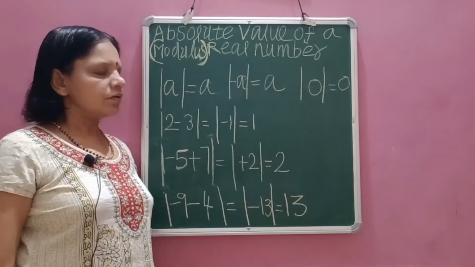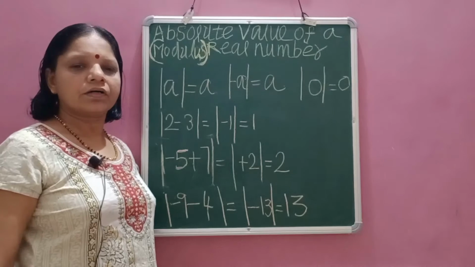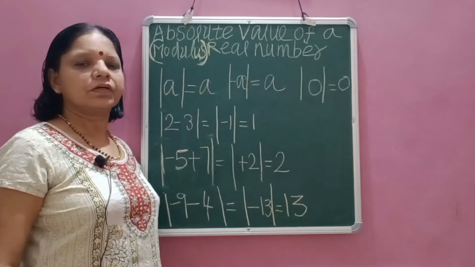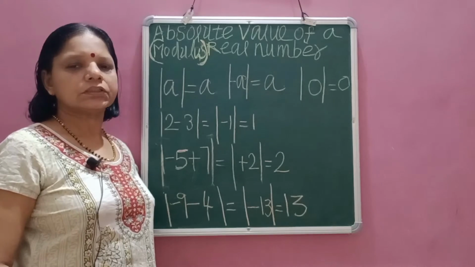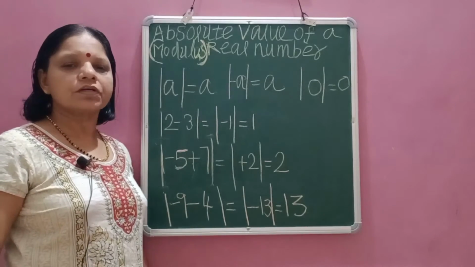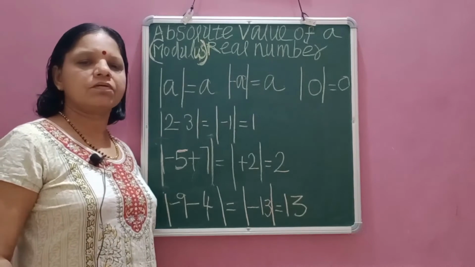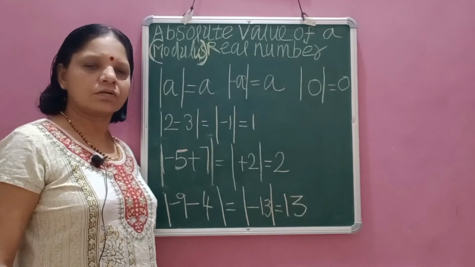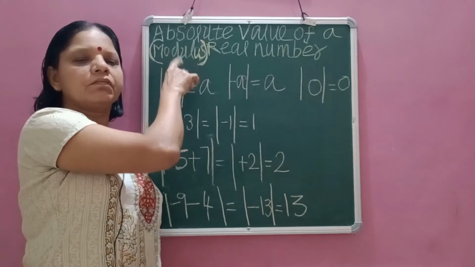So absolute value indicates how far it is from the origin or from the number 0. Only for 0 there is only one value, that is 0. So absolute value of 0 is 0, and it is represented by the simple double vertical line.